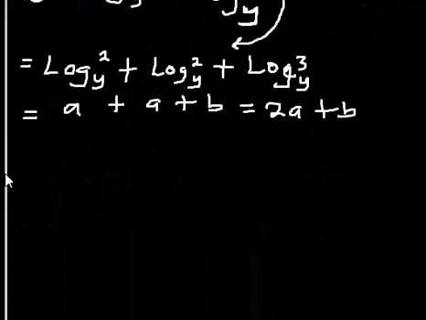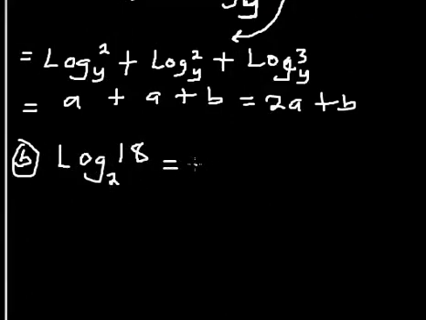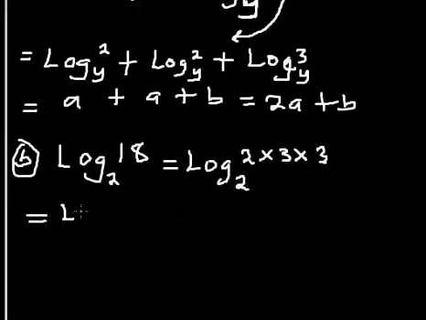All right, let's do the same for log 18, the b part of the question. For log 18 in base y, how do we go about this? What is 18? Of course, 18 is 2 times 3 is 6, and 3 times 6 is 18, which is log 2, pardon me, in base y, not base 2.